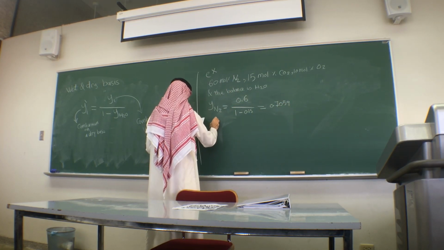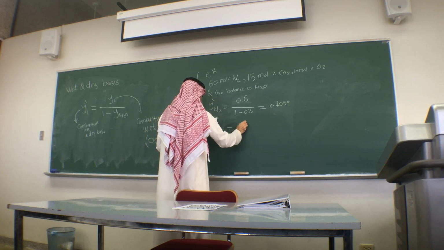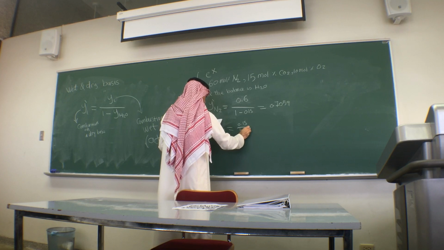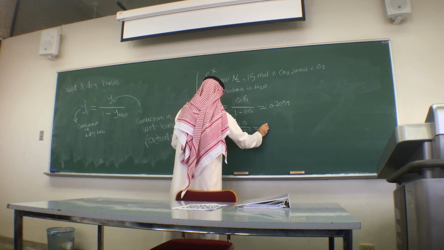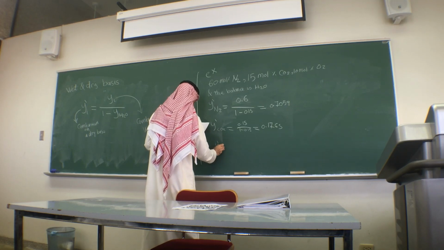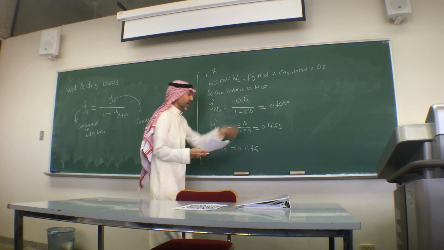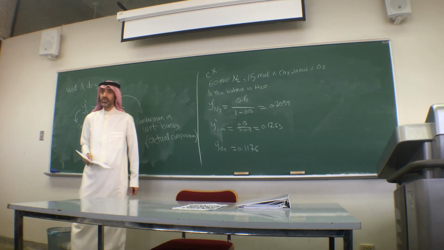Y CO2 will equal 0.15 divided by 1 minus 0.15, which equals 0.1765, and Y O2 will equal 0.176. You add them, you will get 100%.